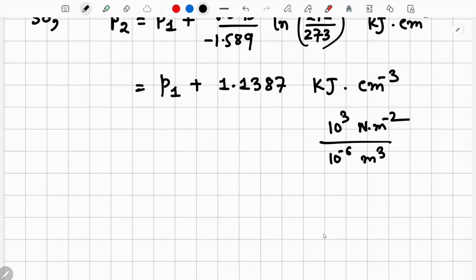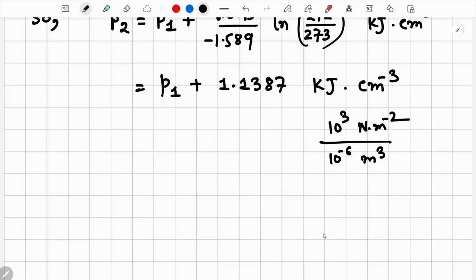Am I correct? 1 centimeter equals 10 to the power minus 2 meter. So 1 centimeter cube will be 10 to the power minus 6 meter cube.